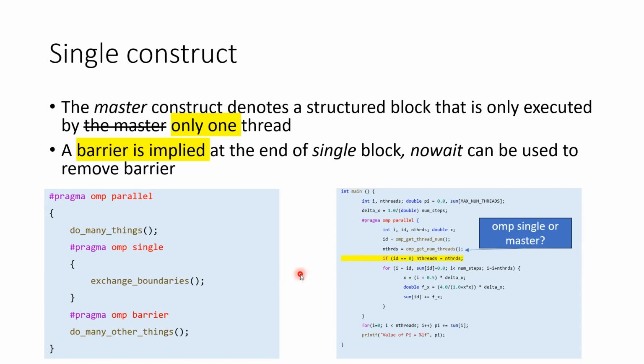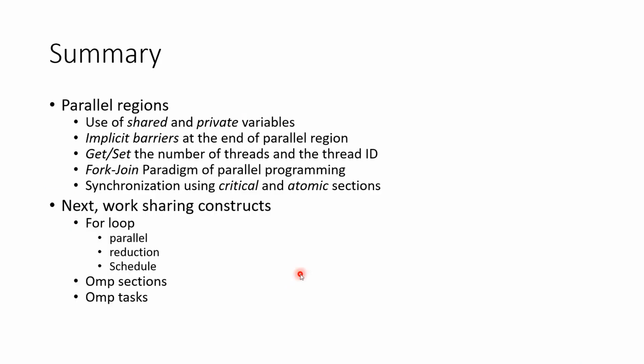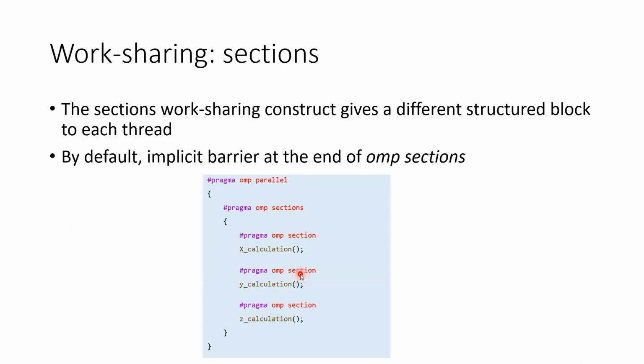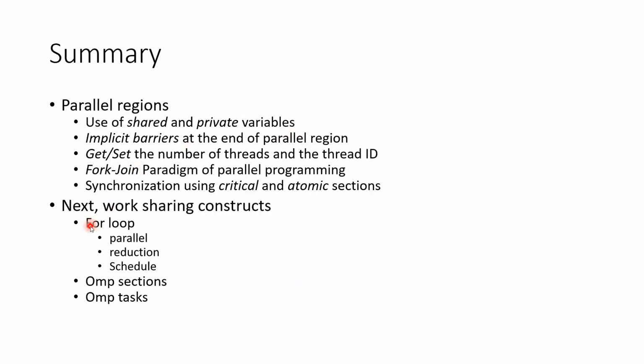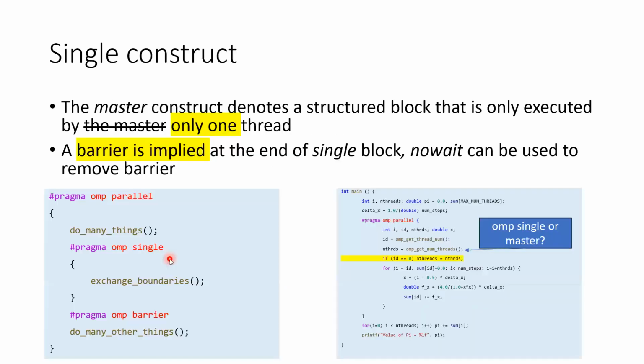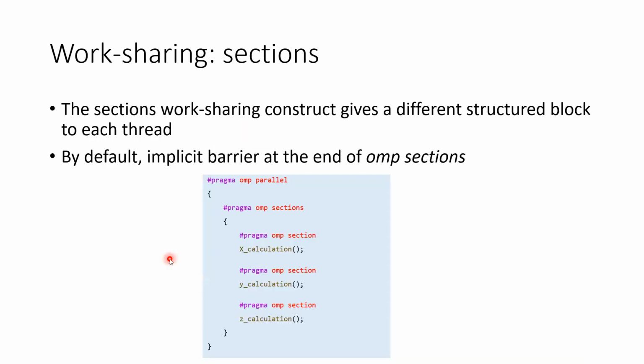So these are the simple concepts, and now we will jump into sections. What I was trying to convey: parallel for loops, OpenMP sections. In the middle, we discussed barriers, single and master. It's a very simple construct, similar to parallel for.